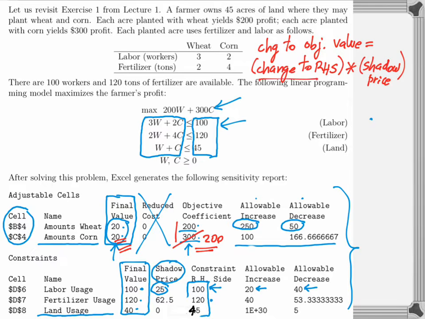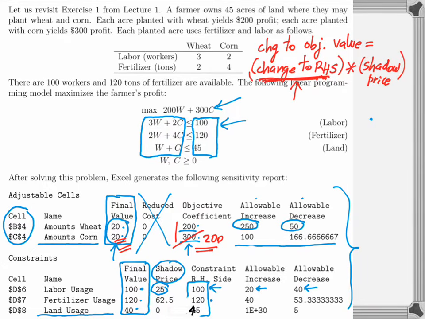And what I mean by the change is if you were raising the right-hand side number, this change is a positive change. So you put a positive number inside this parenthesis here. If you are lowering the right-hand side number, this change is a negative. So inside this parenthesis here, you put a negative number, the amount of change.